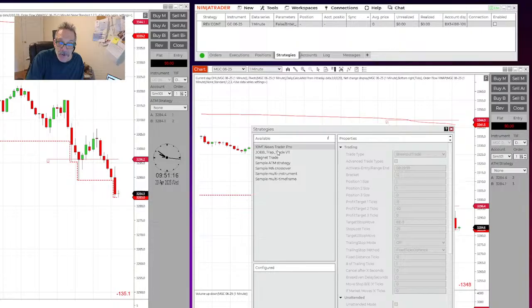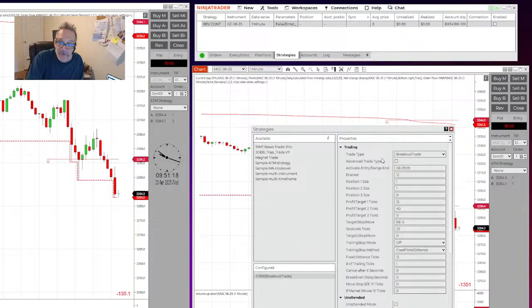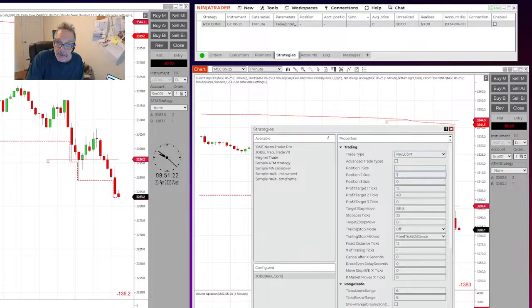Okay, the magnet already took place, so you're better off just using a reversal continuation. And you could put two contracts on if you want. One or two, go for like a 50 tick target and a 70 tick stop. All right.